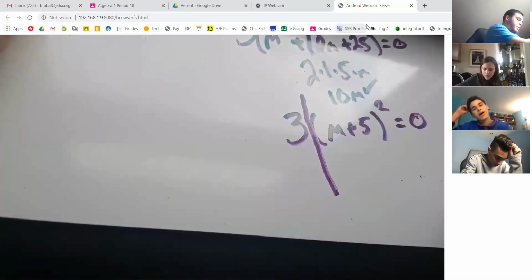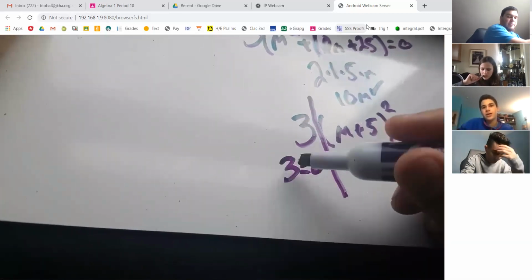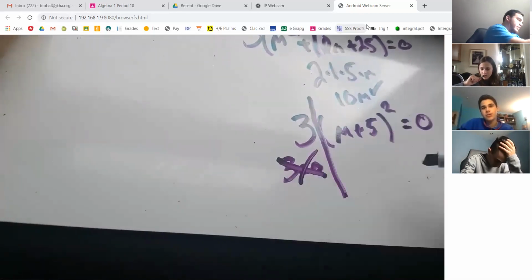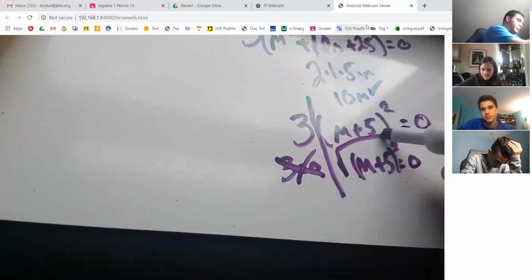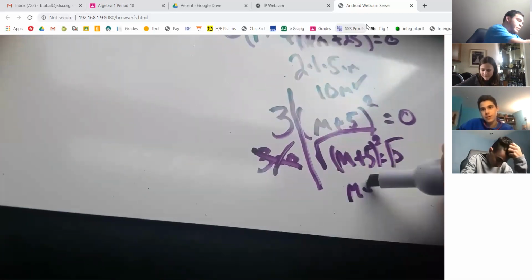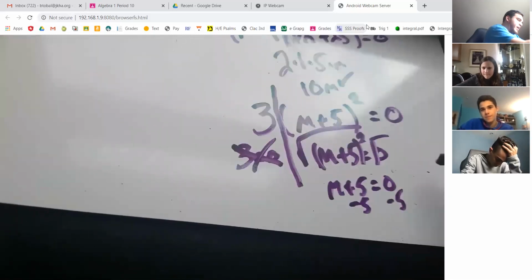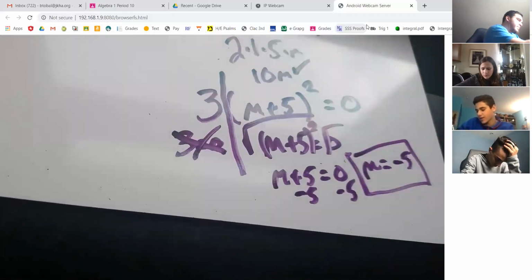First off, does 3 equal 0? No, so that's worthless. We don't need that. So let's look at this: m plus 5 equals 0. What's the square root of 0? 0. So m plus 5 equals 0, minus 5, minus 5. m equals negative 5.